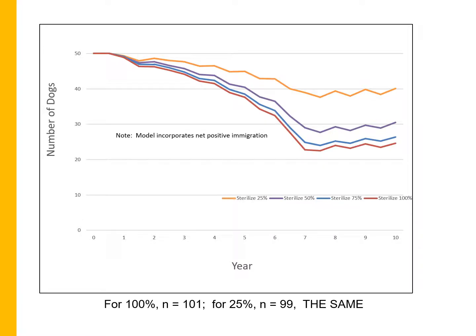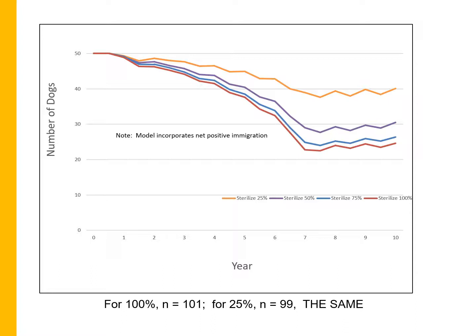Now, this is looking at not preventable deaths, but the population size as it tracks over time under several different sterilization intensities, which are 25%, 50%, 75%, and 100%. Again, the percent indicates the percentage of animals who are reproductively capable at any given time who are sterilized at 6-month intervals.